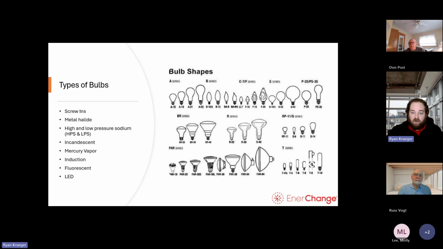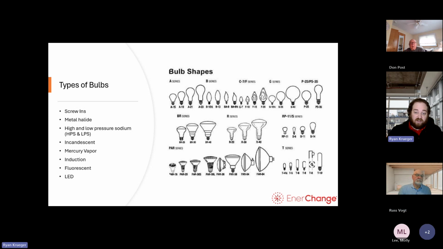Like the BR30 comes in a 15-degree beam angle, a 30-degree, a 45, and a 60. So if you needed a 60 and you got a 15 and you're relighting a narthex, you're going to have different spots where there's no light. Whereas if you did a 45-degree beam angle, you eliminate that dark patch.